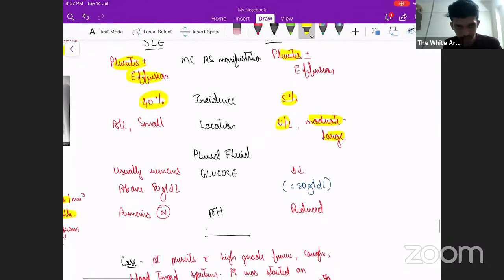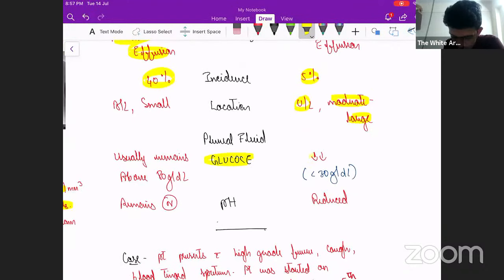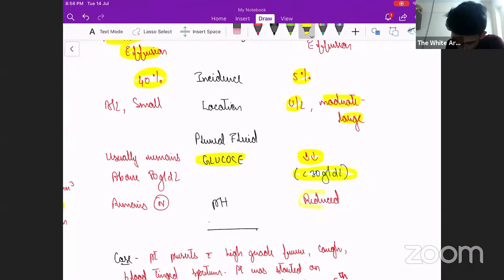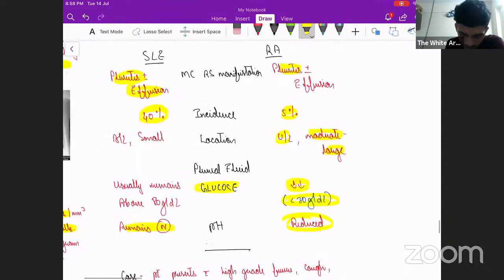On pleural fluid analysis, glucose is very much reduced in rheumatoid arthritis, less than 30 mg per deciliter, but it remains normal in SLE. pH is again reduced in rheumatoid arthritis, but in SLE it usually remains normal. So these are important differentiating features between SLE and rheumatoid arthritis. These are the two most common autoimmune conditions that can cause pleural effusion.